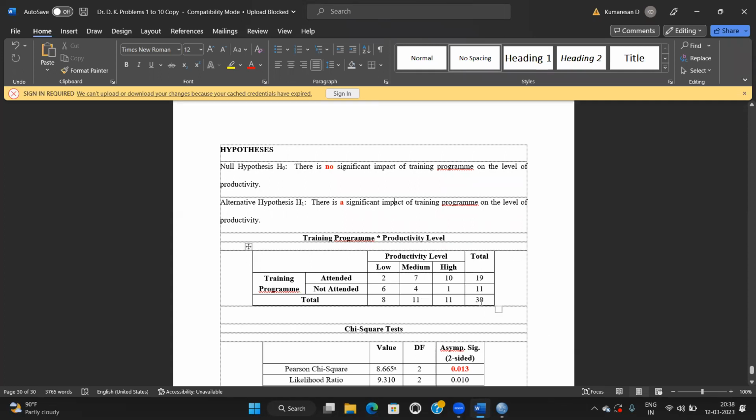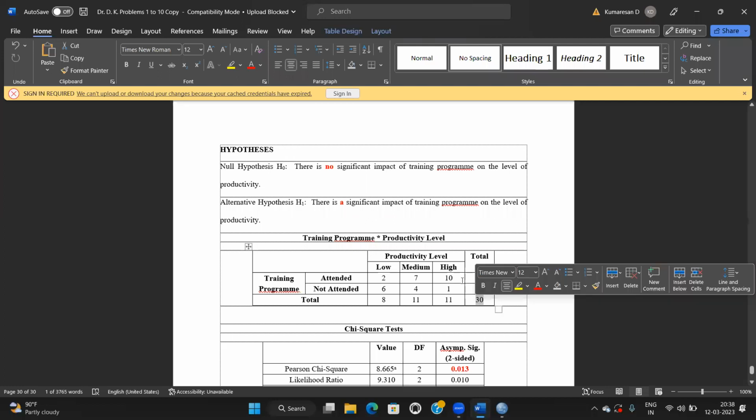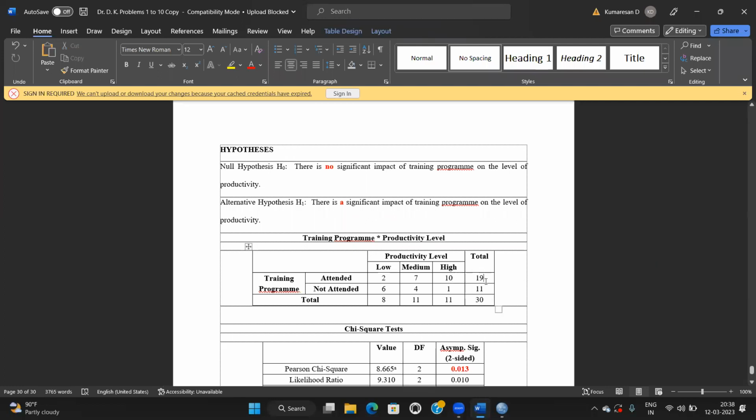Out of 30 employees, 19 employees have attended the training. 11 employees have not attended the training program. Out of these 19, 2 employees have given low productivity. 7 employees have given medium productivity. 10 employees have given high level of productivity.